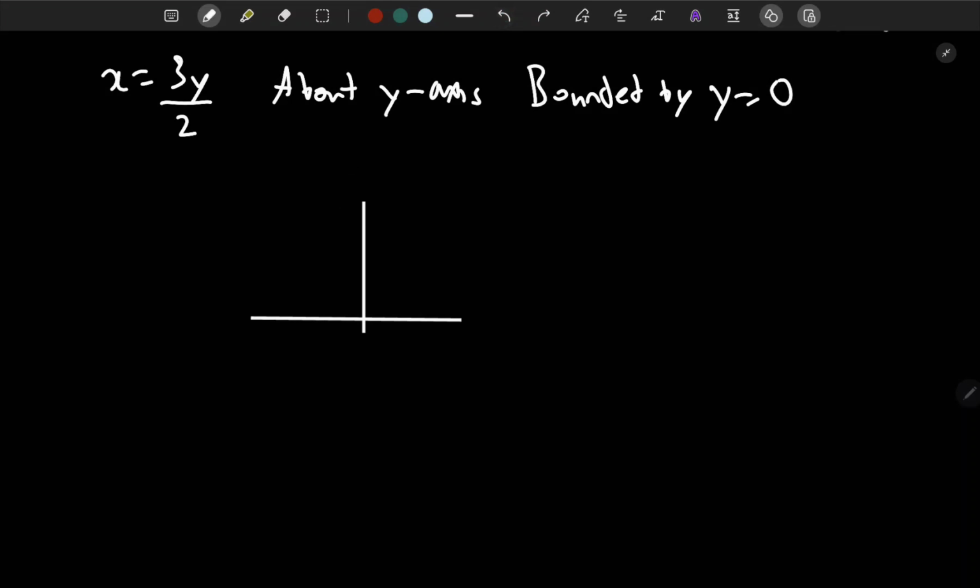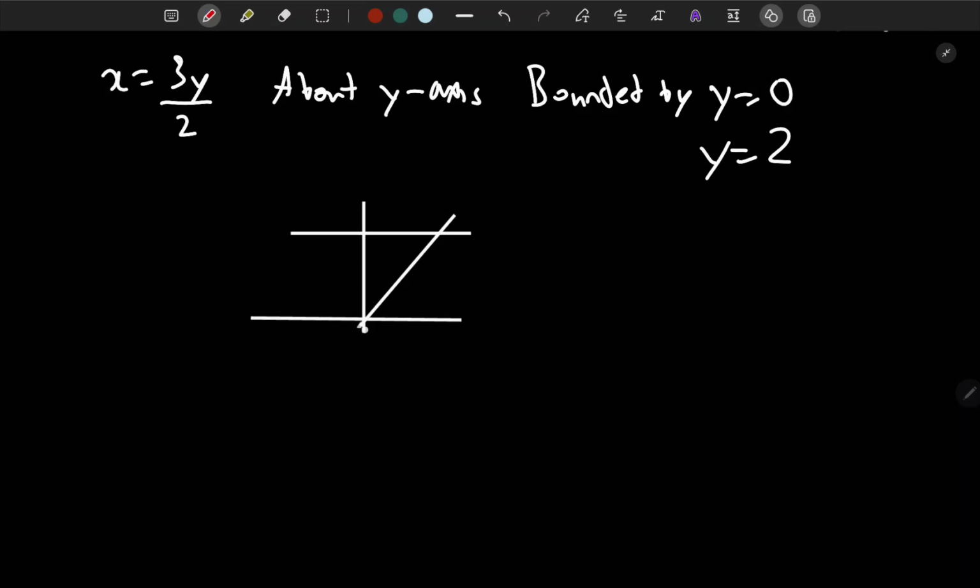So that's there. Now let me draw the line, which is a straight line here, and it is also bounded by y is equal to 2. So we have a horizontal line over here, which is y is equal to 2.